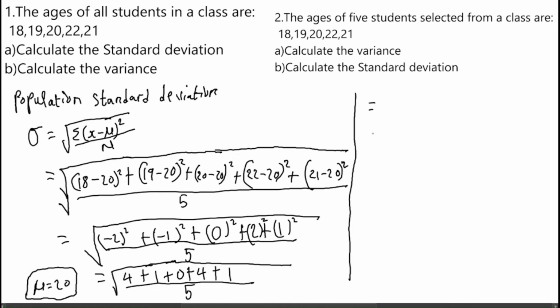So we're going to have the square root of 4 plus 1 plus 0 plus 4 plus 1, which is 10, divided by 5. Now we have the square root of 10 divided by 5, which is 2. So the population standard deviation is equal to the square root of 2, or take the square root and have 1.4. So this is how you can find the population standard deviation.